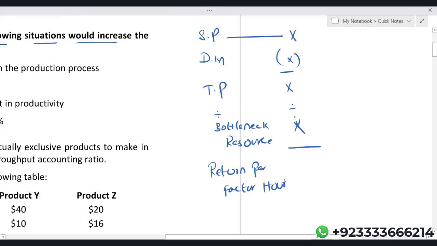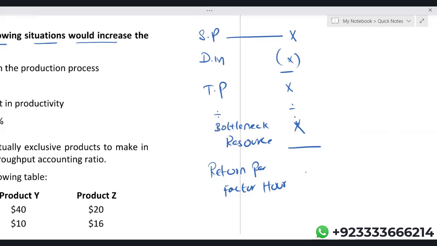We have seen one question where the bottleneck resources were not in hours; we took them in minutes. So instead of return per factory hour, in that question we used the term return per factory minute. But normally it is in hours, so return per factory hour.